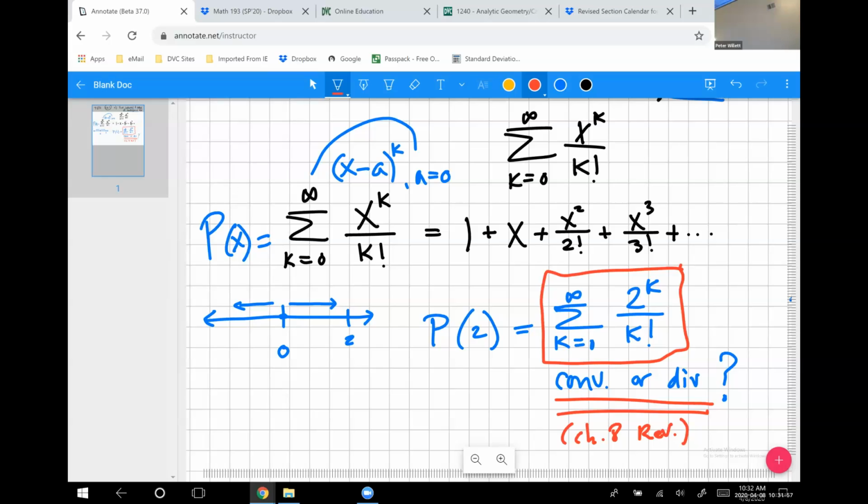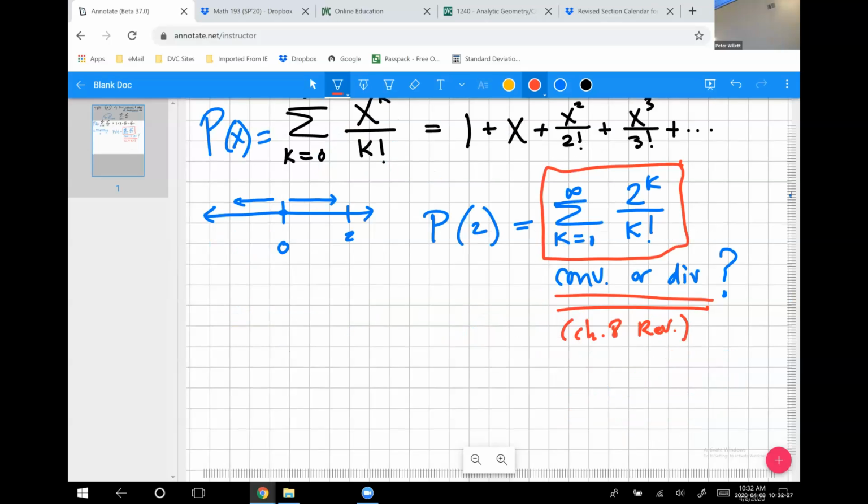Okay, has anyone been able to develop an opinion about whether this series converges or diverges? I see converges. Lucas? And what test would you use to support that? Ratio test? Perfect. One of the things about this particular series that would tell us to use the ratio test is that there's a k factorial.